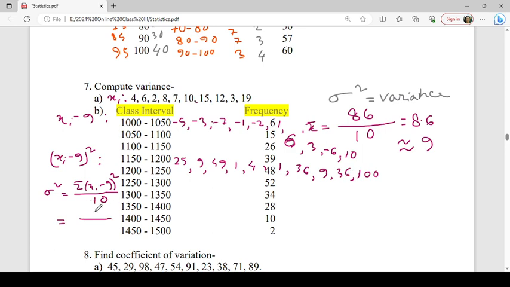This sum is 270. You check it. It is 270 by 10. So this is equal to 27. So this is our sigma square. This is the procedure of finding variance.